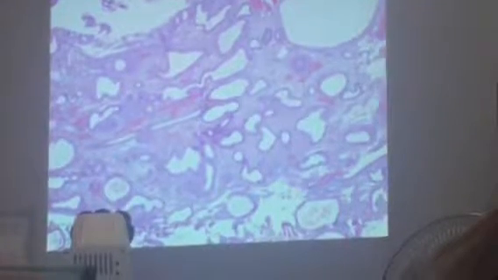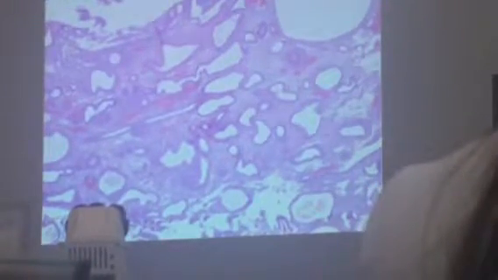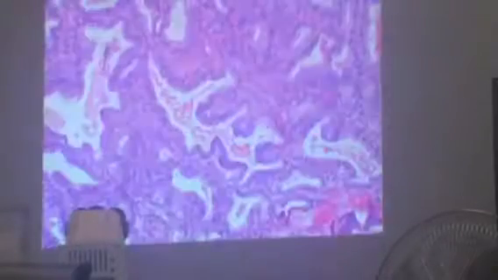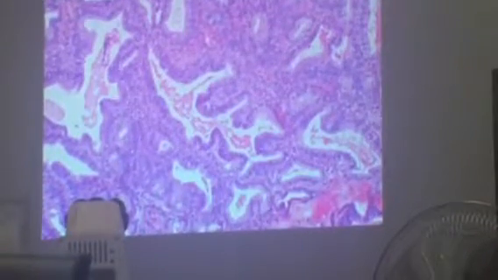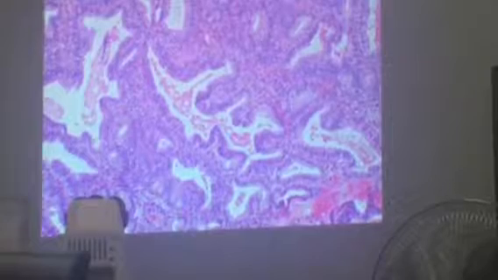Now you have to be careful always. Now when you see this kind of pattern, you have to be careful to exclude an endometrial polyp, because once you see the fibrovascular core, polyp na yon. But it's practically the same. Okay? This is complex hyperplasia. Bakit complex?